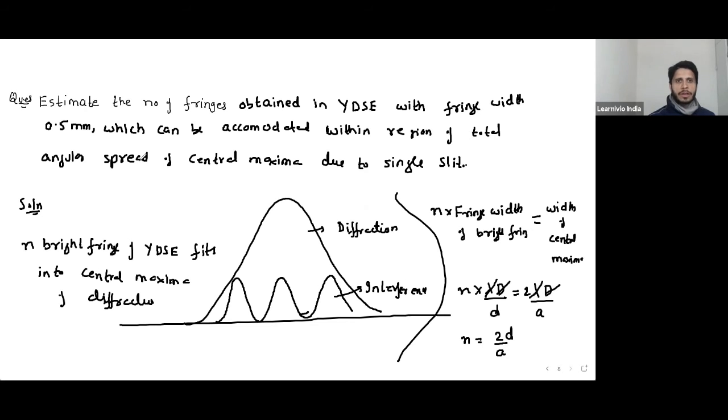Now there is one small correction here. Some data is missing. That is slit width, not fringe width, for diffraction.